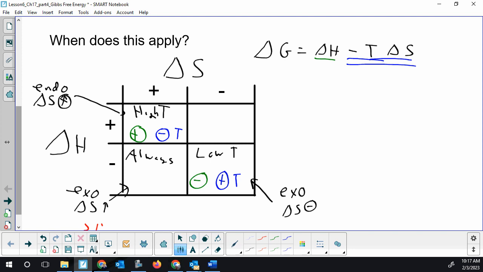Versus in this box, if you solve for temperature, you're going to get a negative answer again, but that's also a garbage answer because the true answer is never. This box is endothermic, which is not driving free energy, and the change in entropy is negative, or there's a drop in entropy.